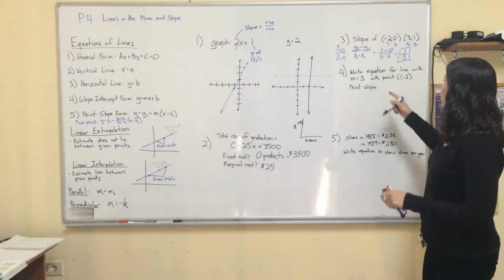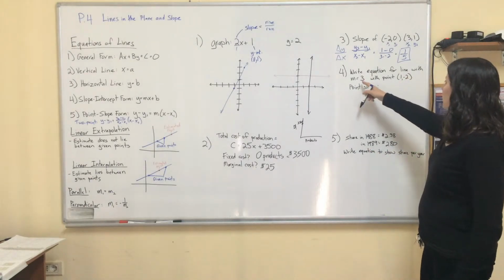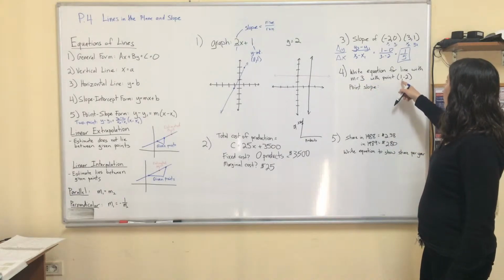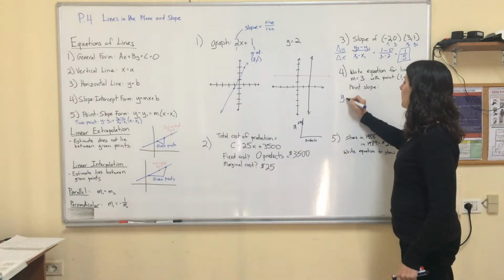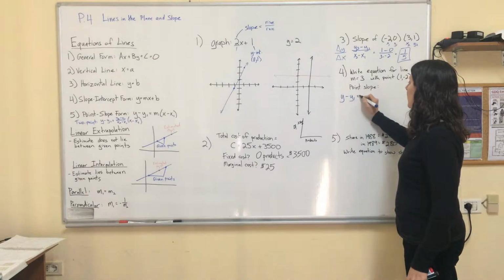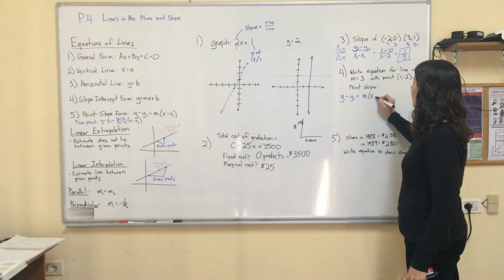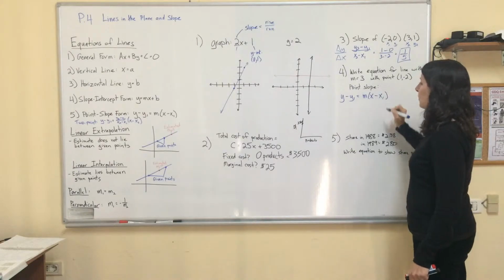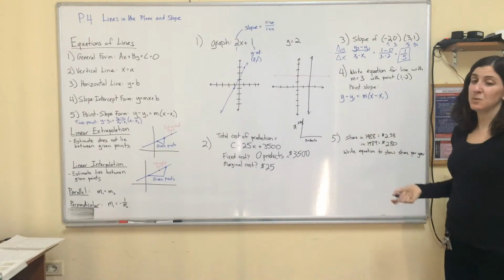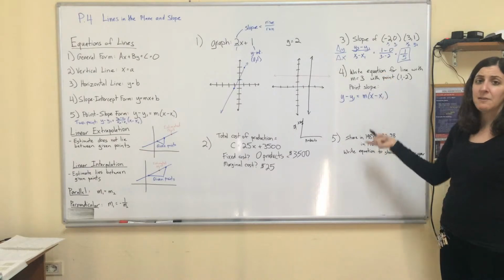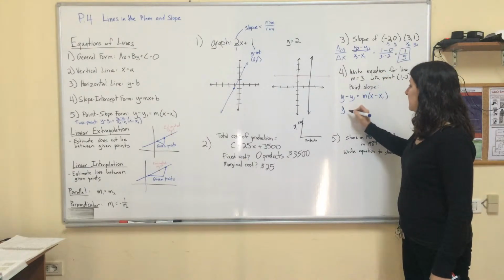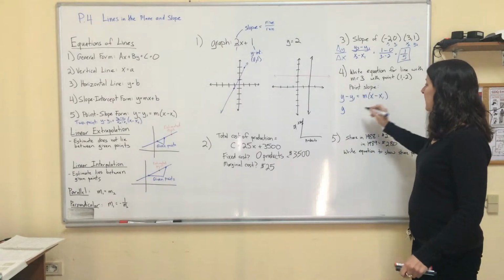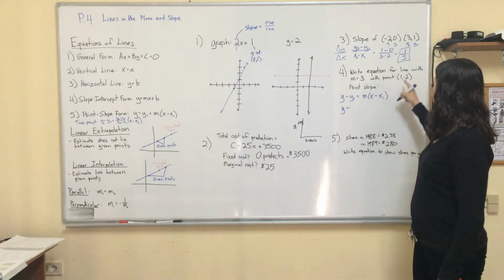If we look at this one, write the equation for a line with m equals 3 with a point 1, negative 2. Okay, so if we look at my point slope, it's going to be y minus y1 equals m times x minus x1. All we need is 1 point and the slope, so it's exactly what we're looking for with the information they gave you. So x and y are just x and y, minus, what's my y point?